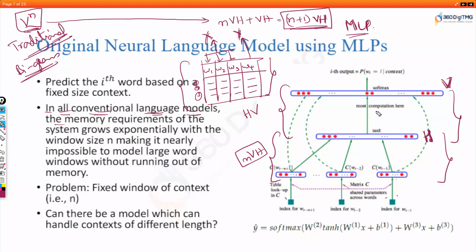That's it. If I have 4 words and want to predict the 5th word, it doesn't work, because you train your model in such a way that it takes 3 inputs and predicts the output. So both of these, traditional and MLP, work on a fixed context, fixed window width.